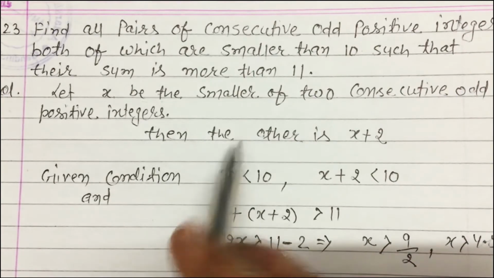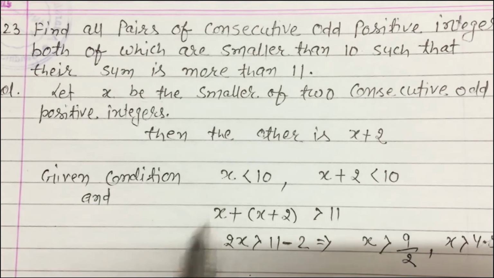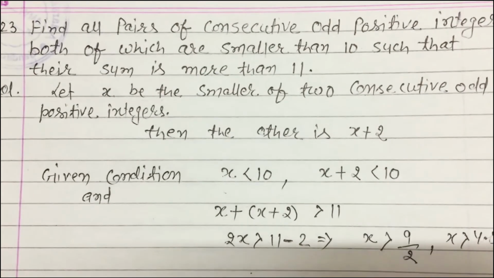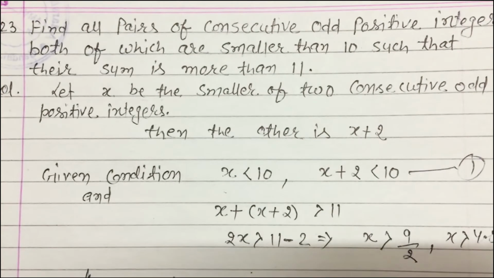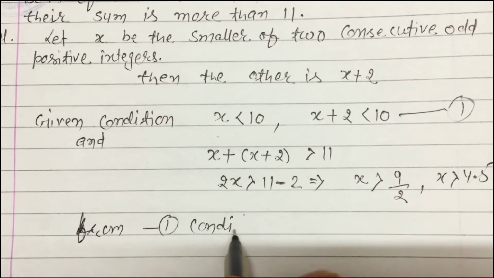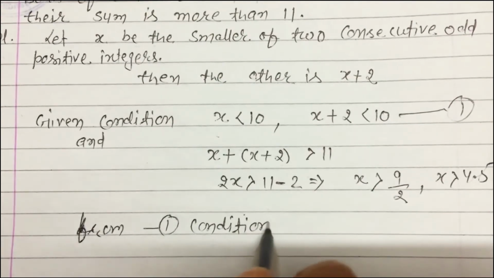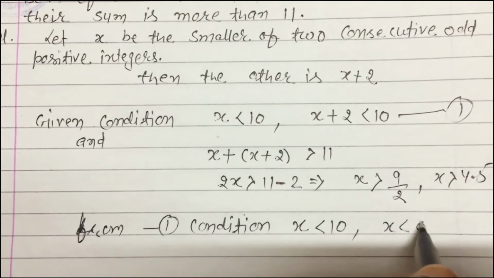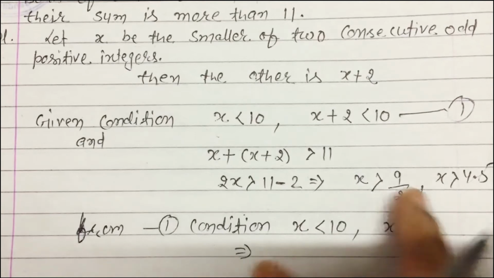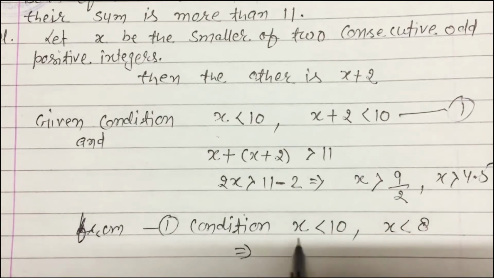And from the first condition, x is less than 10 and x is less than 8. So the combination of these two inequalities is x less than 8.